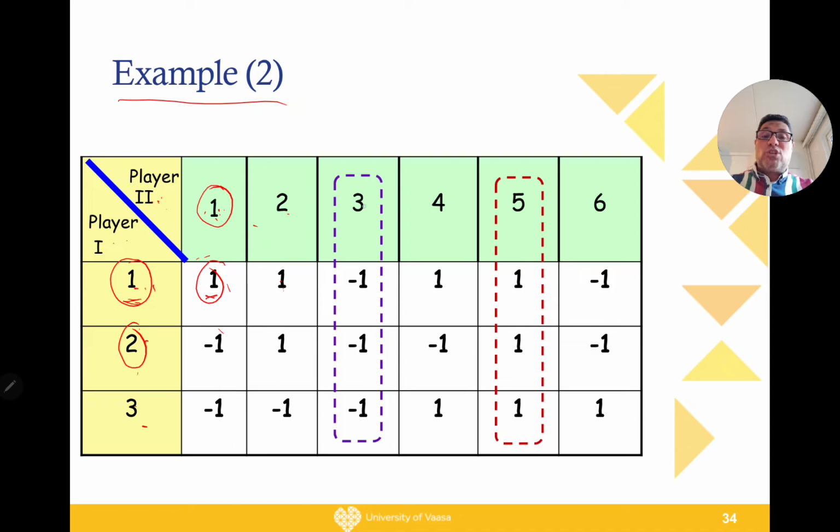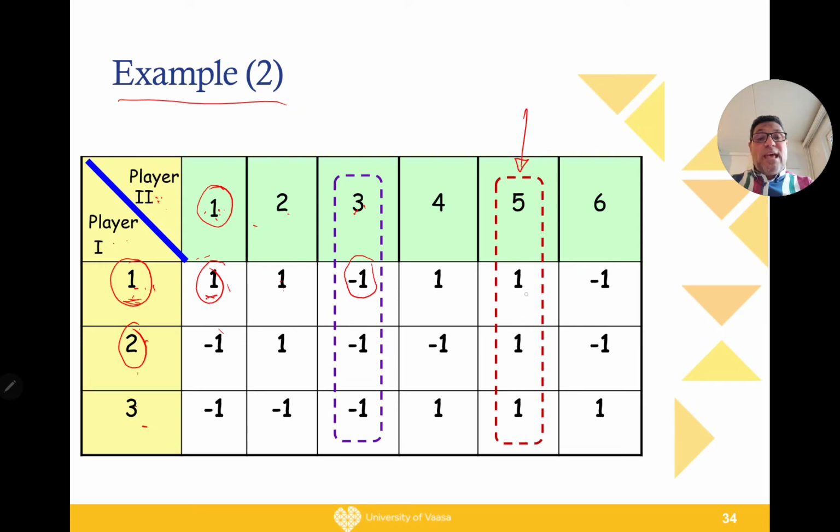But if they play strategy 3, then player 2 will win and player 1 will lose. So if player 1 plays strategy 1, then of course player 2 will play strategy 3.